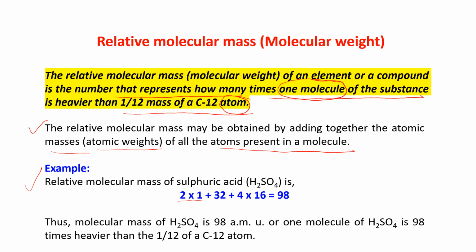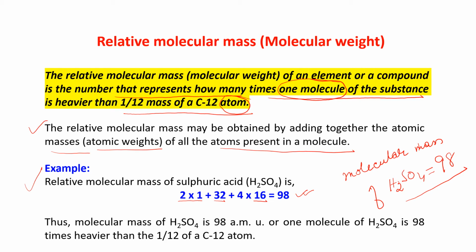Now, 1 sulfur, the atomic mass of sulfur is 32, and 4 oxygen, 1 oxygen atom has mass 16, so 4 into 16. So total what we are getting? 98. So the molecular mass of H2SO4 is 98.